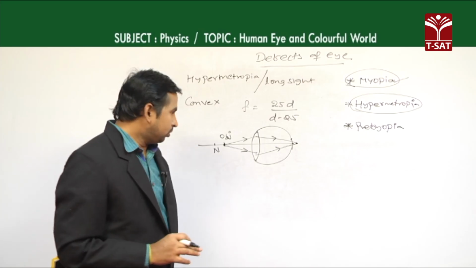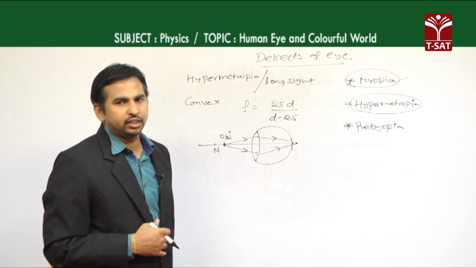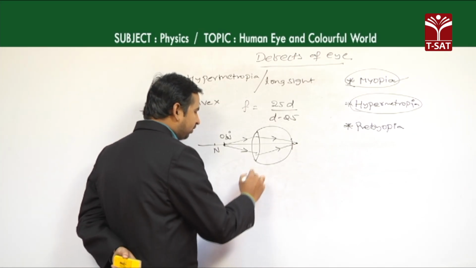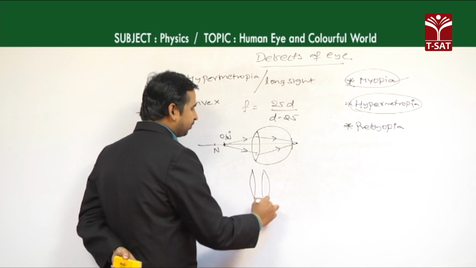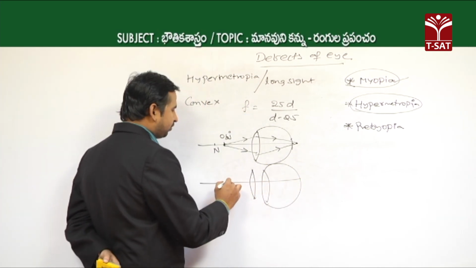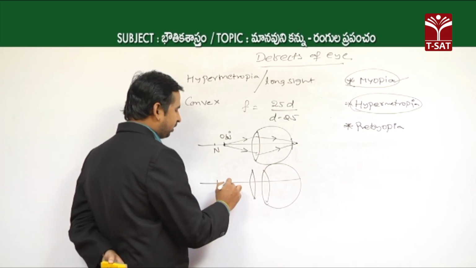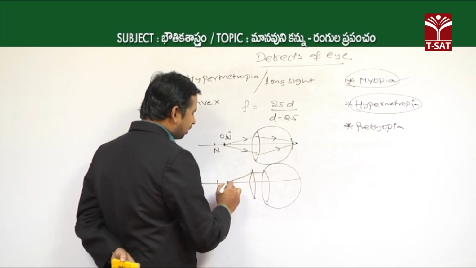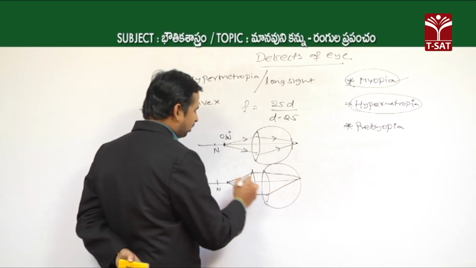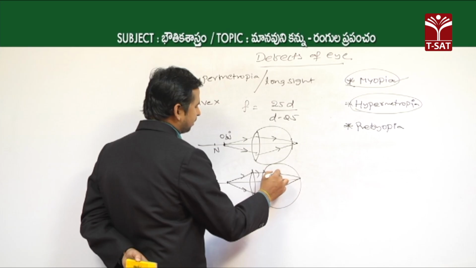Now, the suggested lens is a convex lens. If you use it for this eye defect, and this is the eye lens and you place the object before the near point, then the light rays are converged two times, so the light rays now exactly meet on the retina, like this.